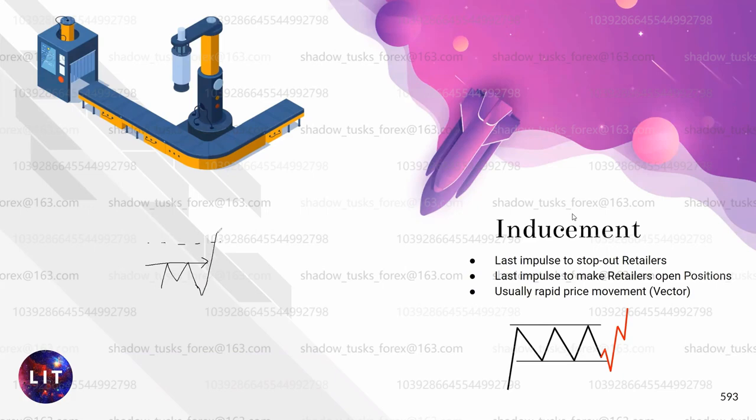We have our inducement, we vector high. The stop losses of the sellers are taken. Now we have the stop losses down here for these buyers, right? Then price will boom, and now both sides have been taken. So this initial inducement right here takes out the sellers and brings in the buyers.